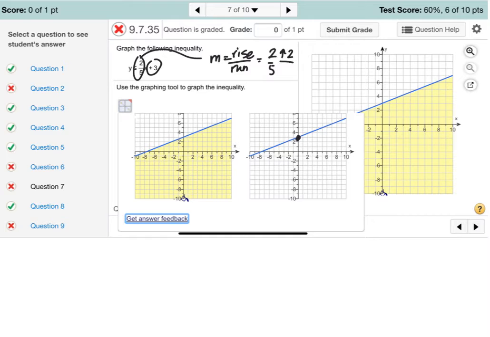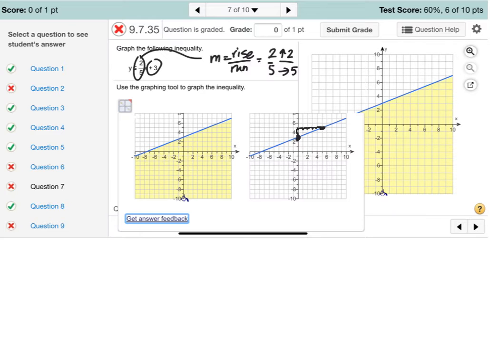So +2 is in the upward direction for the numerator, and +5 in the denominator is to the right. So up 1, 2, and to the right 1, 2, 3, 4, 5.